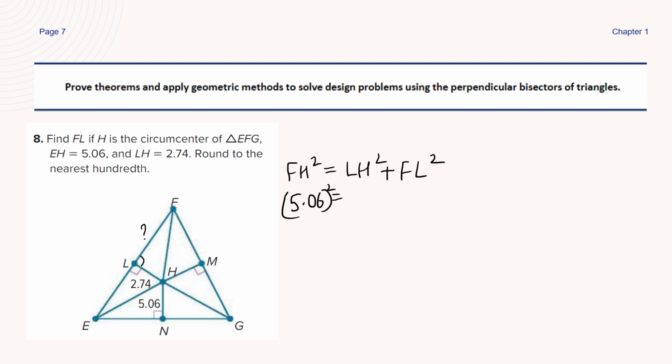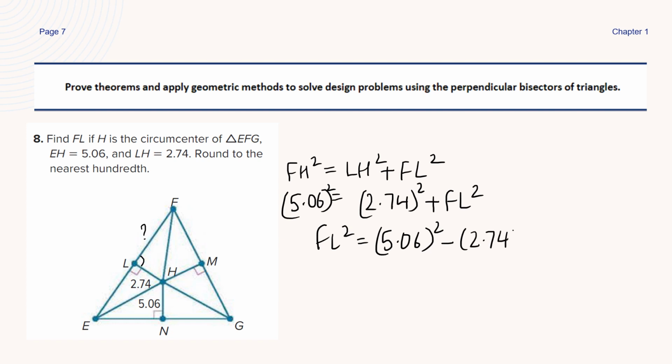LH is given to you as 2.74. So you will be able to calculate your FL from here doing the same method. FL square is equal to 5.06 whole square minus 2.74 whole square. Calculate the square, do the difference, take the positive square root, and remember to round it off to two decimal places to get your answer. So just solve the question in a similar way like the last one.